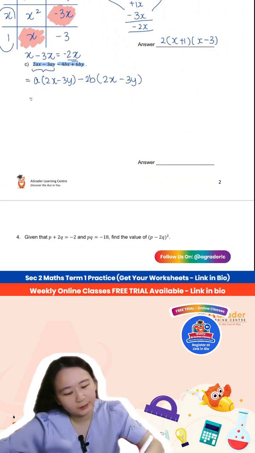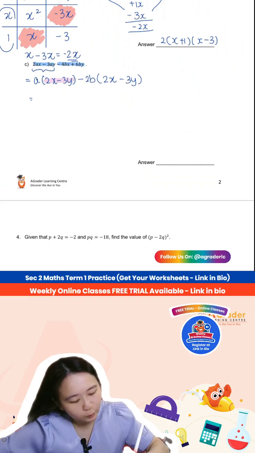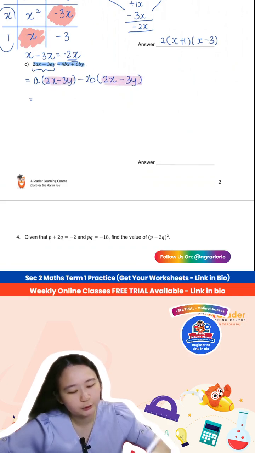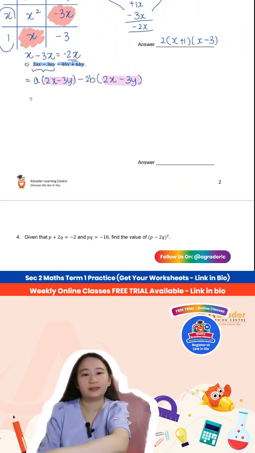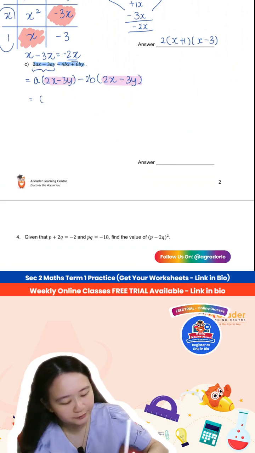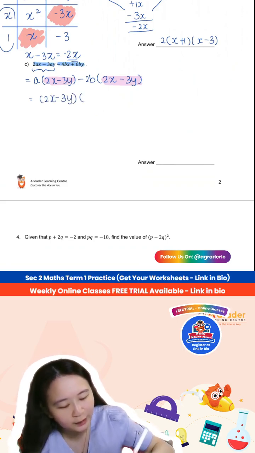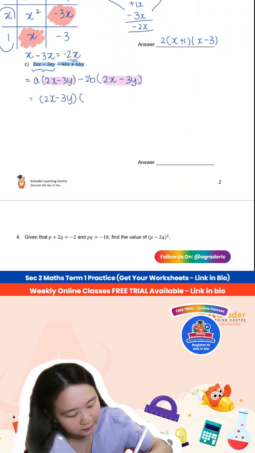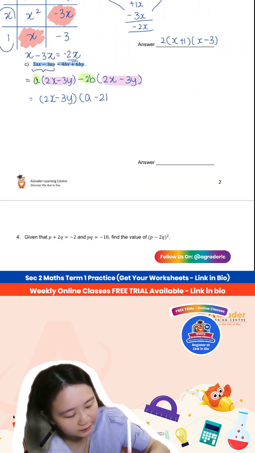Okay, then you can see from here, you have 2x minus 3y, 2x minus 3y. So both terms have the same factor, 2x minus 3y. So we factorize out 2x minus 3y, and what we are left with will be a minus 2b. So don't forget to write your a minus 2b.